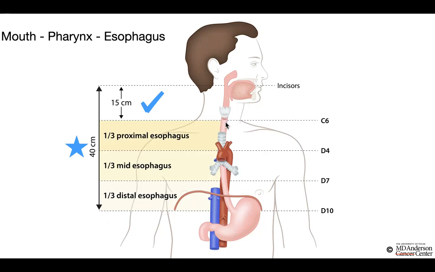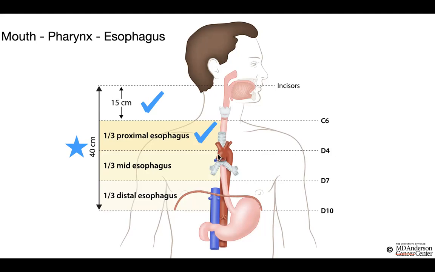And then you go down to the proximal esophagus. It's important to keep in mind the proximal esophagus is in the upper part of the chest and the lower part of the neck, and the trachea is in front of it.